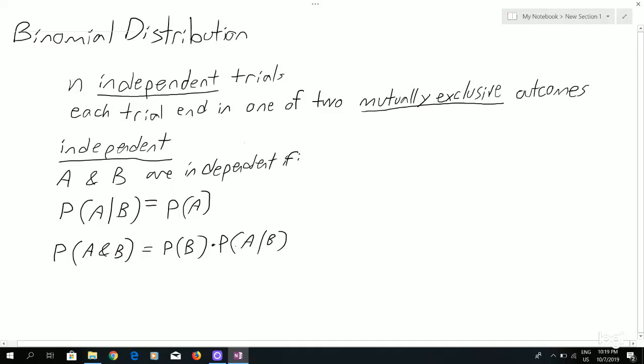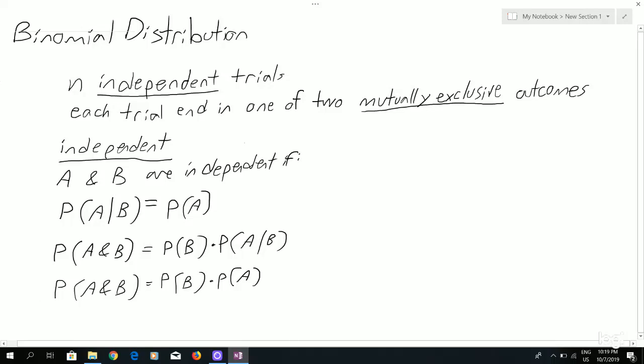But if A and B are independent, then the probability of A given B is just the probability of A. And what you end up with is the probability of A and B is just the probability of B times the probability of A. If A and B are independent, the probability of both events occurring is just the probability of one multiplied by the probability of the other.